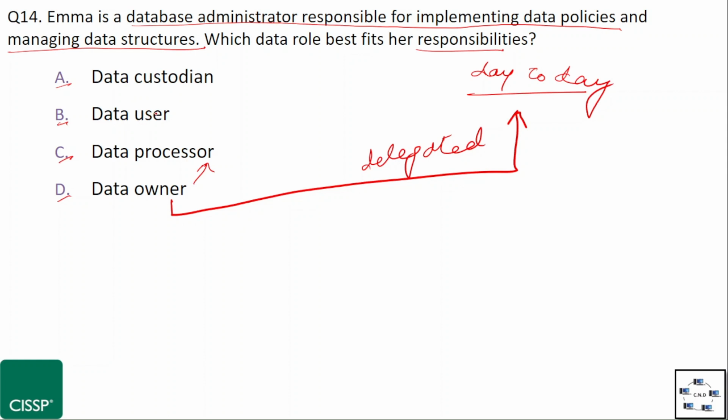Data user is basically a user that uses data and does not have to do anything with these tasks. And data custodian is basically the role that deals with the day-to-day responsibilities such as implementing data security policies and managing data structure. So data custodian is the correct answer.